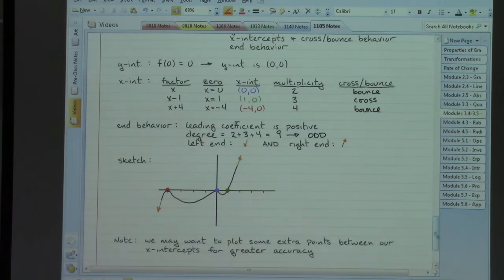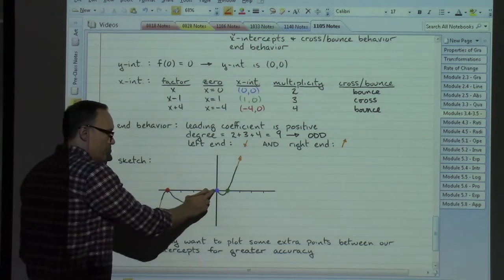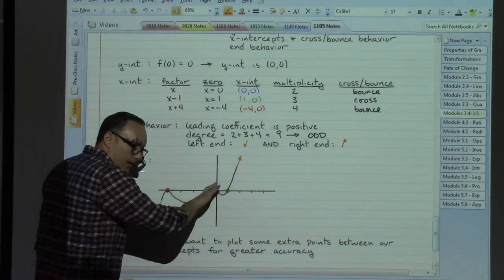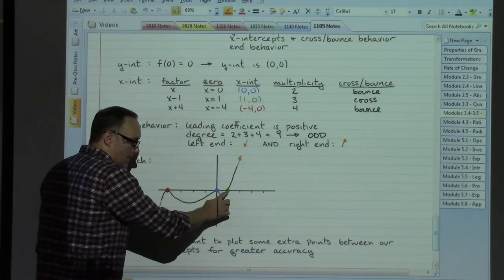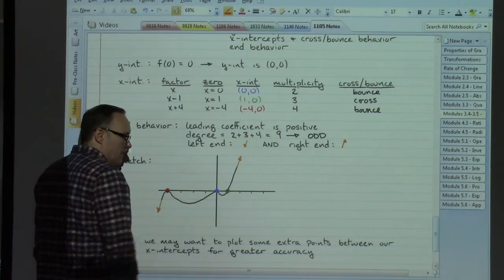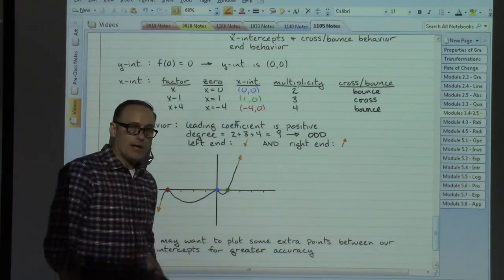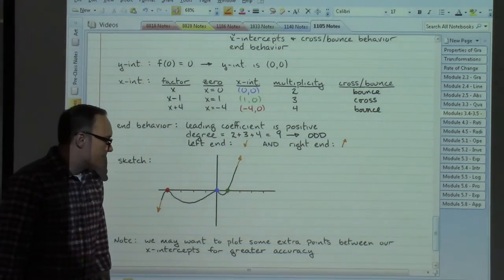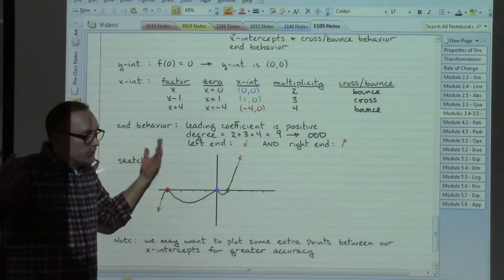And if we wanted to have some extra accuracy, we could get some extra points in between our x-intercepts. But what we should find is that in between the (-4, 0) and the (0, 0), that's going to swale a little bit deeper than in between the (0, 0) and (1, 0). How far down? Who's to say?